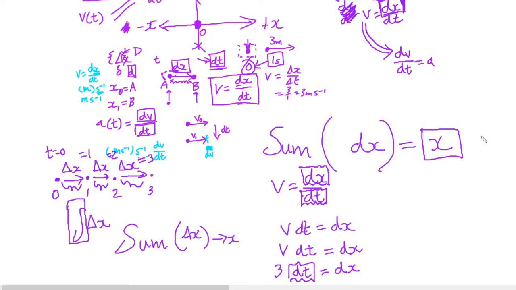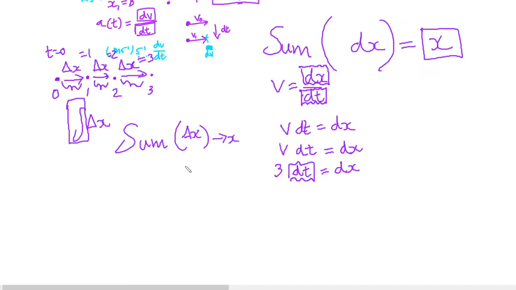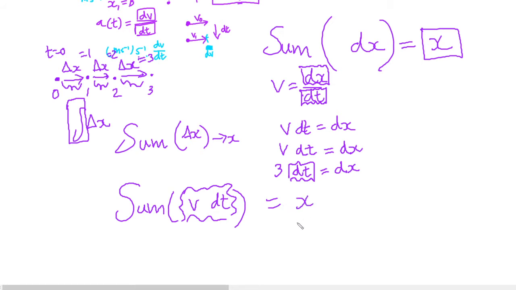And so instead of summing all of the little dx's to get x, we can sum v dt. We can sum all the v dt's to get x, our displacement. Because each of these v dt's is one tiny change in our displacement, and summing all the tiny changes in our displacement gets us to our actual displacement.